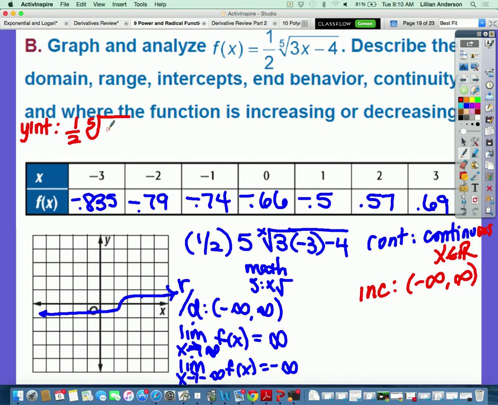And then minus 4 is going to be a... So wouldn't it just be the 0 answer? It would be the 0 answer for that, because when we plugged in 0 for x, this is what we got, correct? Yes. So my y-intercept is 0, comma, negative 0.66. How do I find my x-intercept?